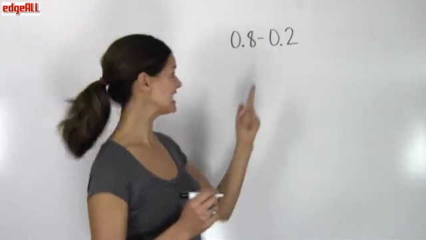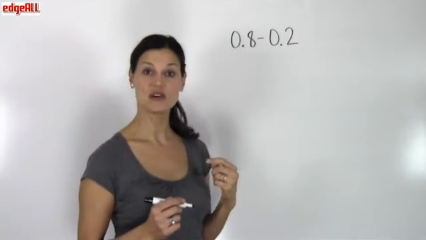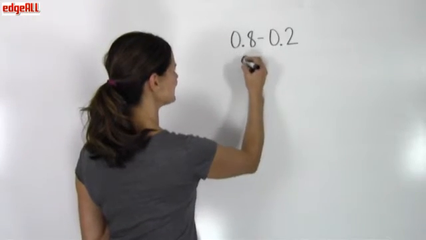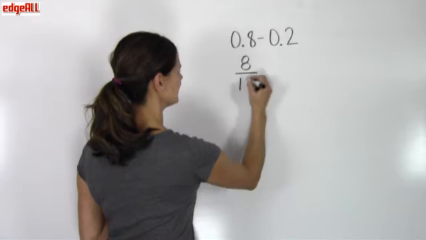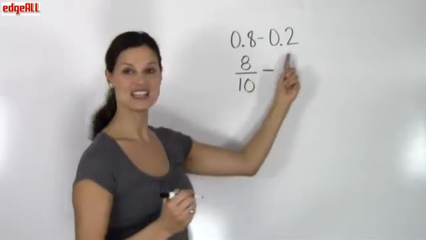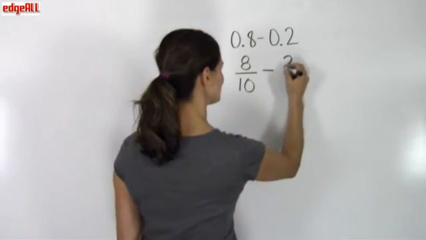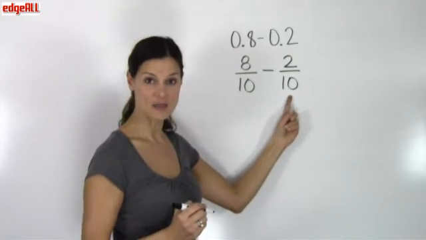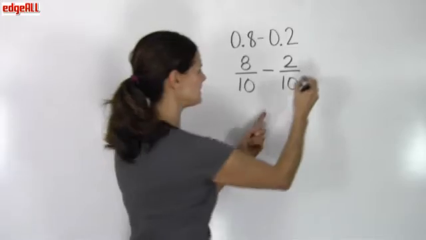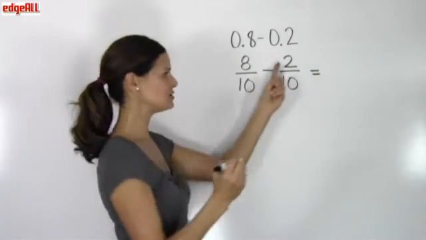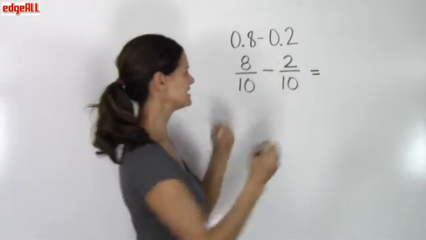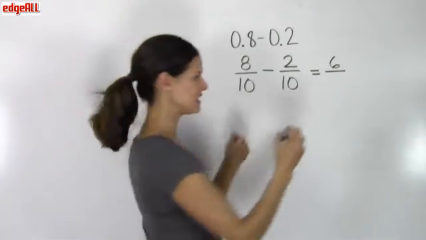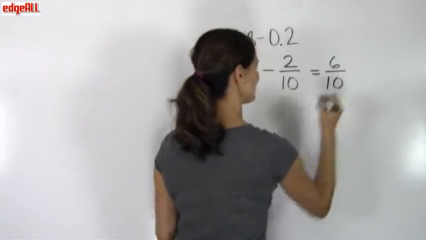I could convert this decimal problem to a fractional problem and look at 0.8 as 8/10 minus 0.2, which is 2/10. And since these have a common denominator, I can simply subtract their two numerators. 8 minus 2 equals 6, and I keep their common denominator the same, so tenths.